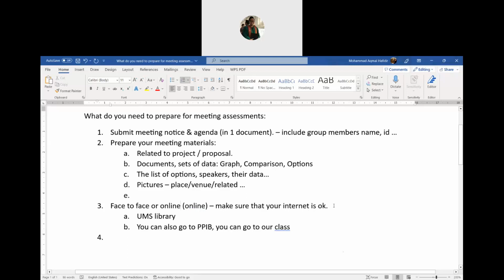But whether it's online or face to face, you need to prepare your materials. Also you need to make sure that your discussion is within 20 to 25 minutes, not more than that, because I have other groups as well, lots of students.